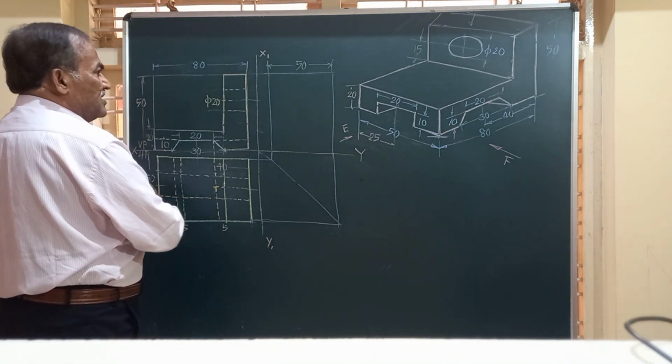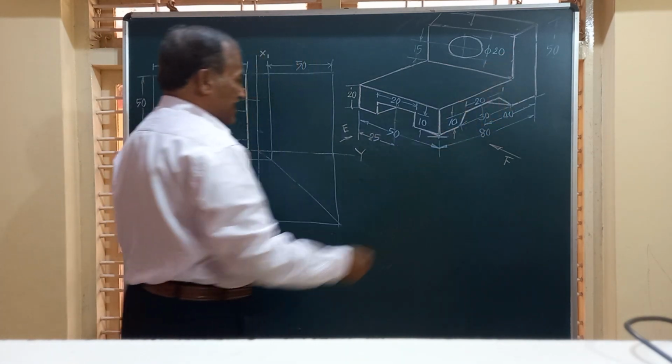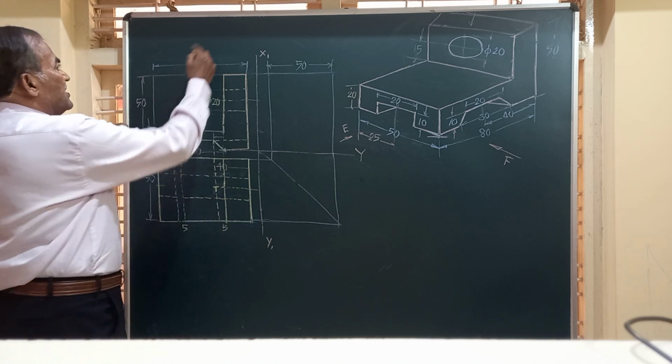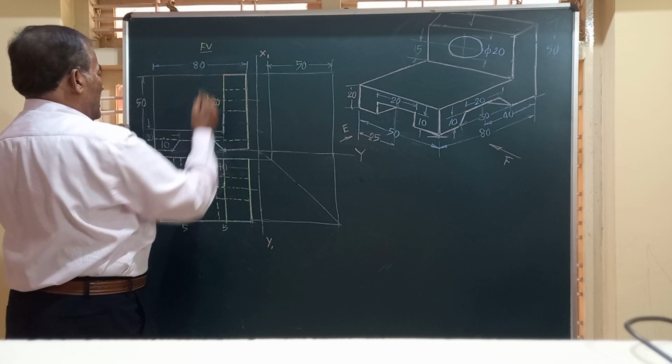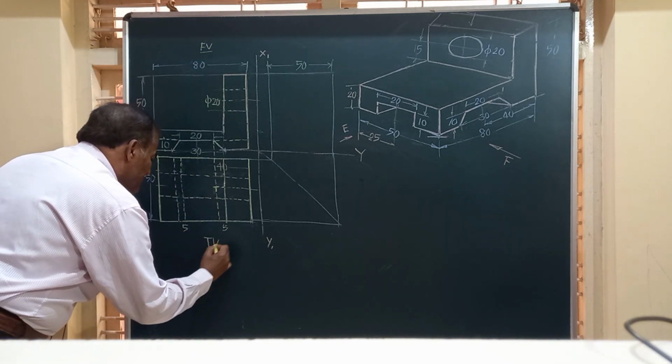And then the horizontal rectangular slot cut along the 80 millimeter dimension, that also is shown. Friends, this figure will give you the front view, and this is the top view.